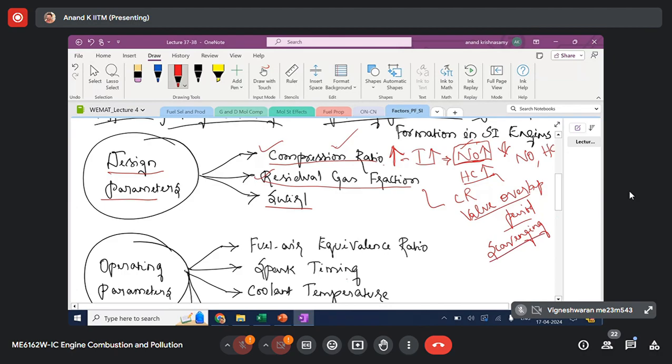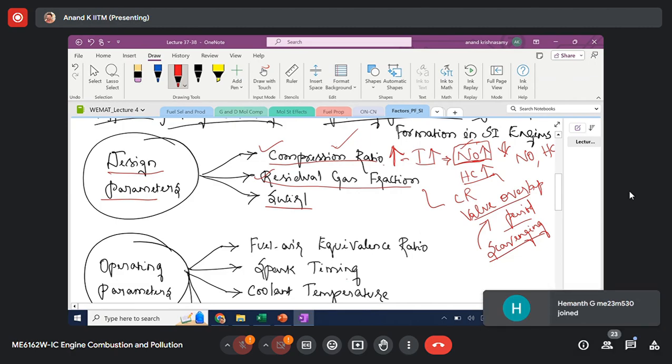Okay, so the effectiveness of the scavenging process is dependent on the duration of the valve overlap. When you have a longer valve overlap duration, you can have a more effective scavenging process, meaning you can reduce the residual gas fraction. That is how this parameter is affecting residual gas fraction. But now let us look at how it affects the pollutants. When you increase residual gas fraction, you are retaining more combustion products inside the cylinder.